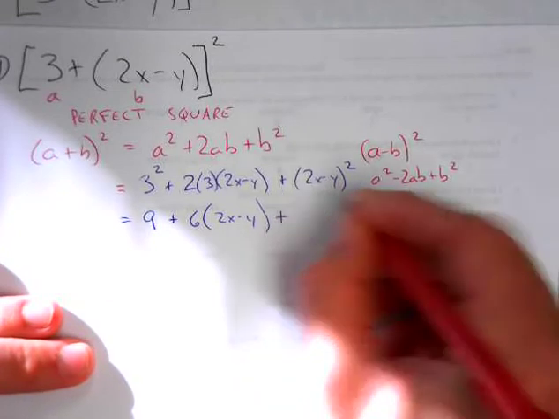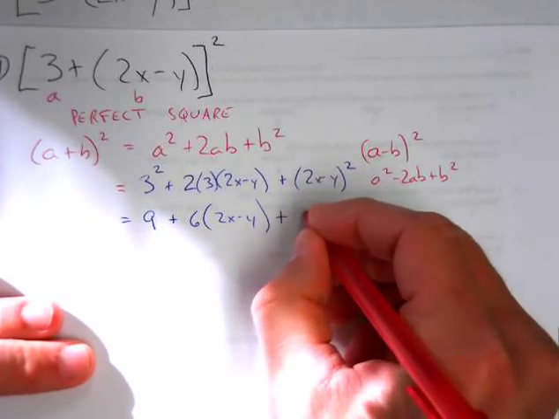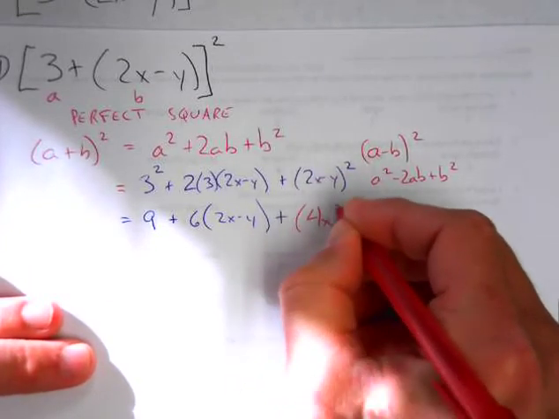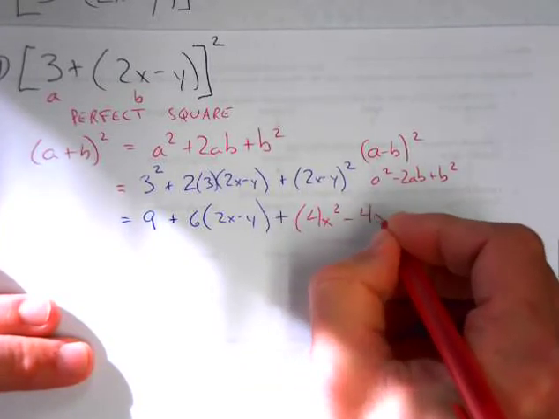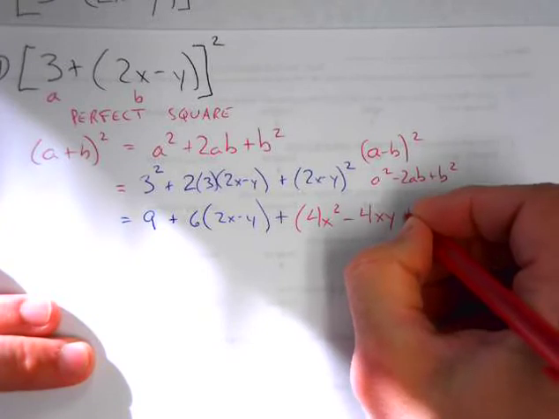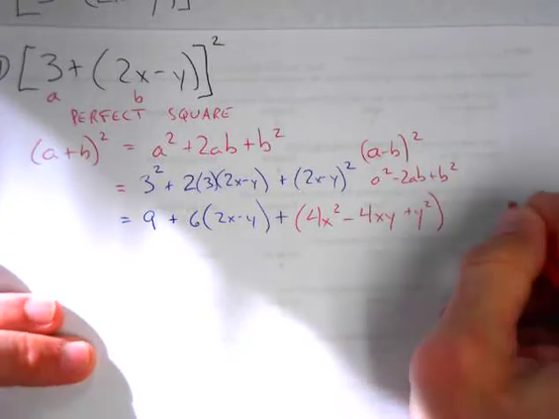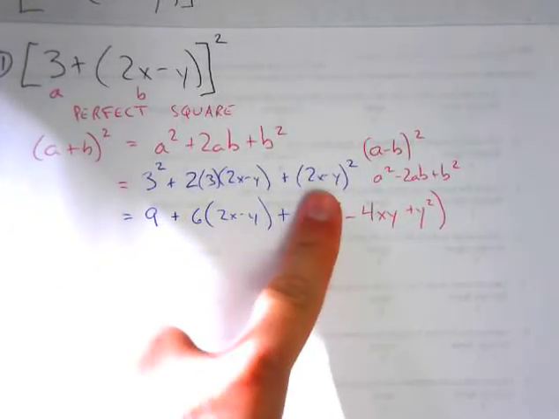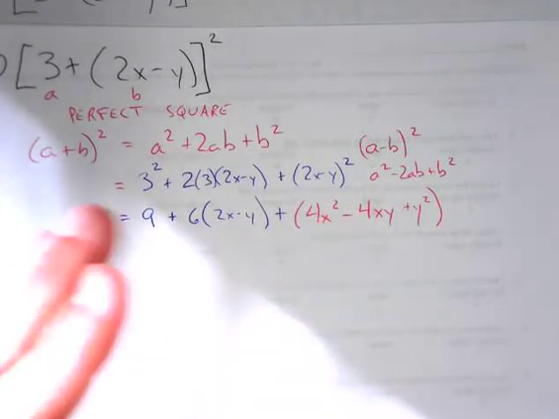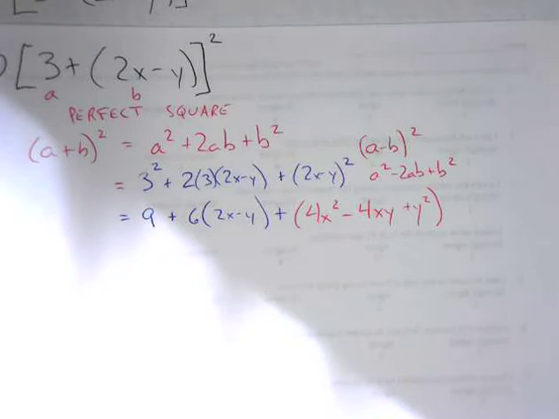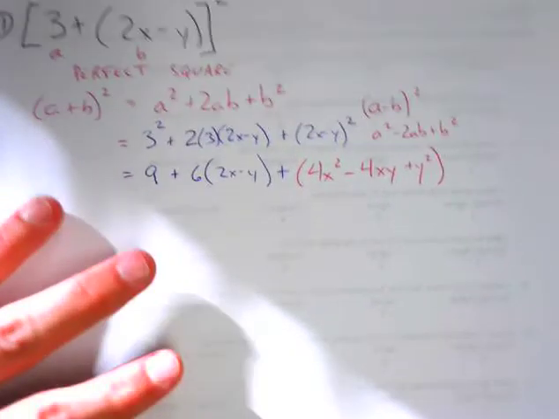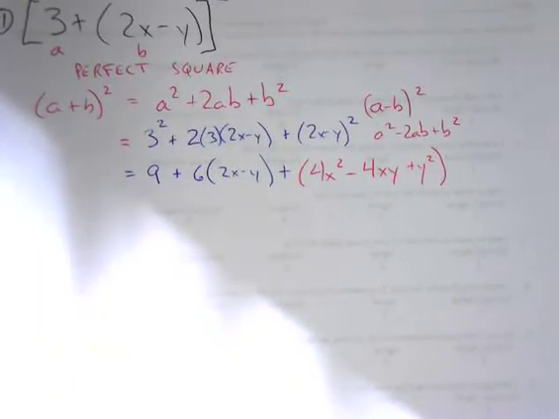Everything will be just fine. So a squared here is going to be 4x squared minus 2ab, and then plus b squared. All right, so we have that whole binomial totally multiplied out, and then being careful with the rest of the expression. So again, step by step, keep your nose down, but be careful.